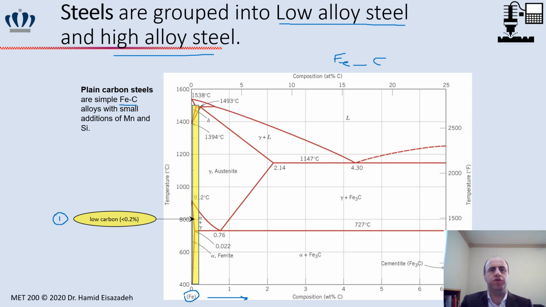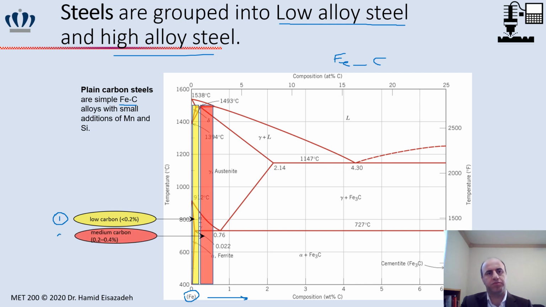Actually, we are mostly interested in three of them. The last one is not very applicable in industry. The next one is medium carbon steel, and the amount of carbon varies between 0.2 and 0.4 weight%.